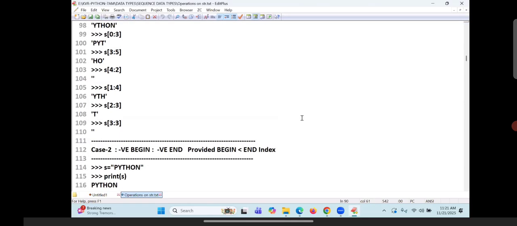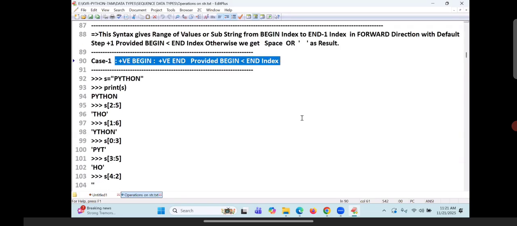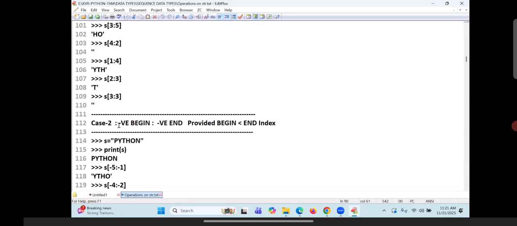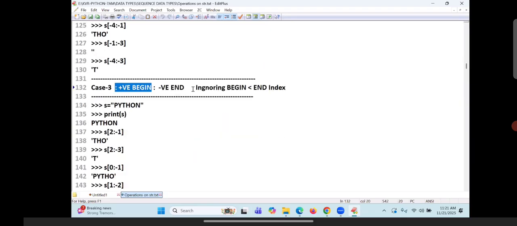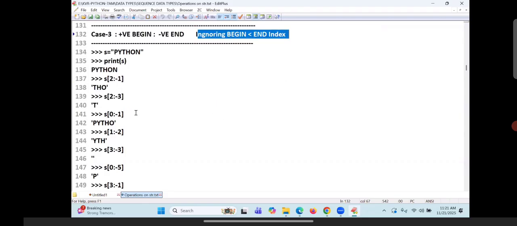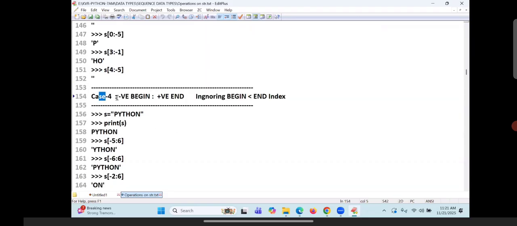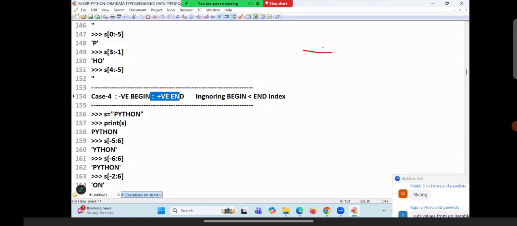Under syntax 1, case 1 is positive beginning examples. Case 2 is negative examples. Case 3 is positive, negative, ignoring the condition. Case 4 is negative and then positive: positive indexing, negative indexing, plus minus plus.